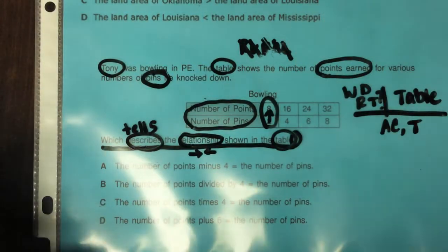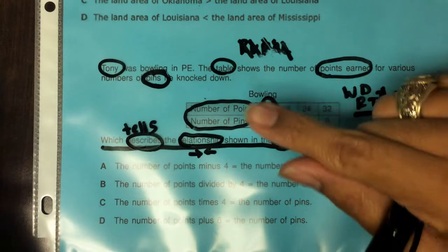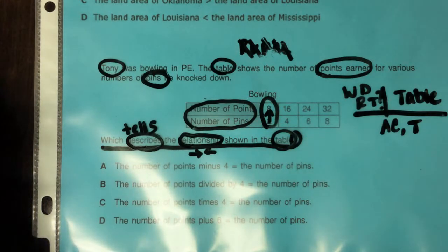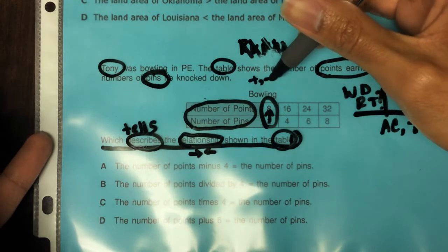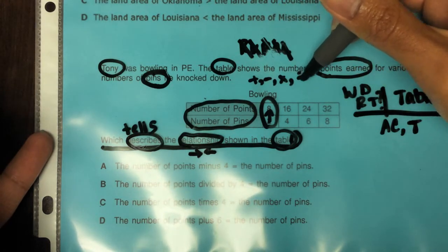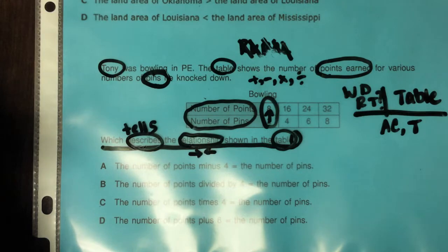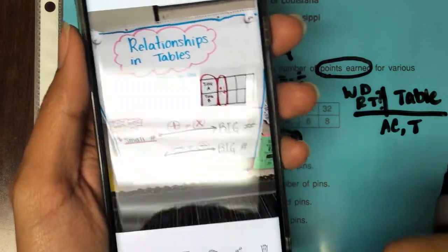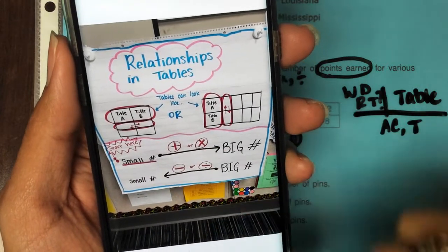Let's draw an arrow going up. And if we're starting with a small number going to the big number, what are the operations? Remember, add, subtract, multiply, divide. Which of those operations is going to help us make a number get bigger? If you look here on the anchor chart, you're right, it's going to be addition or multiplication.